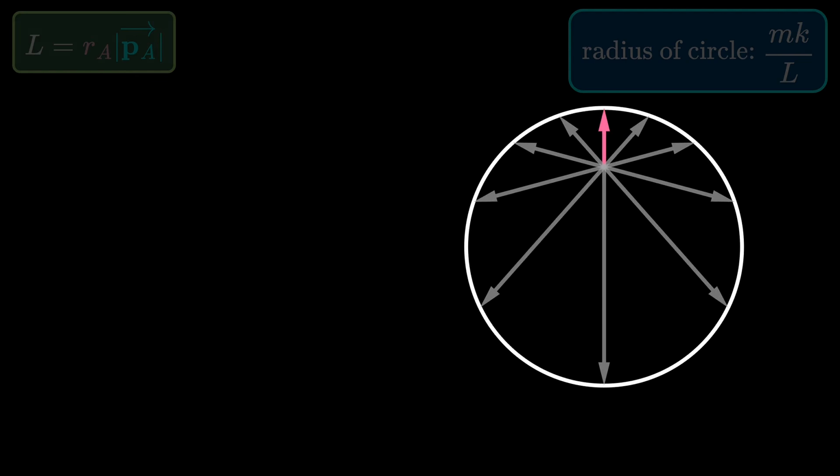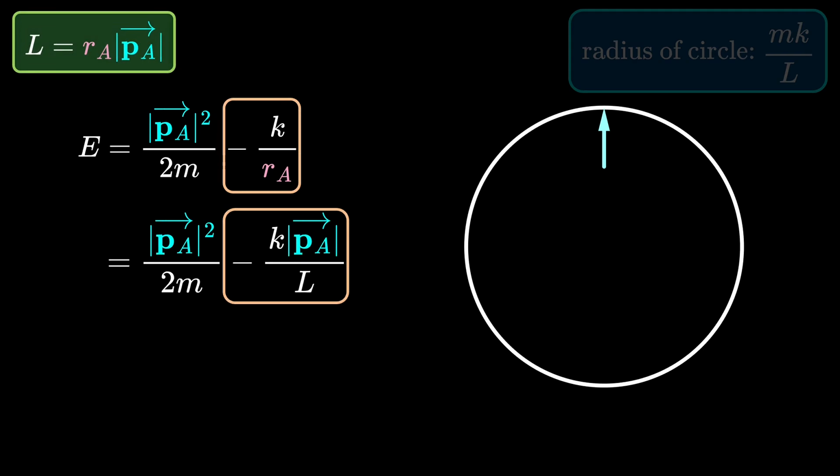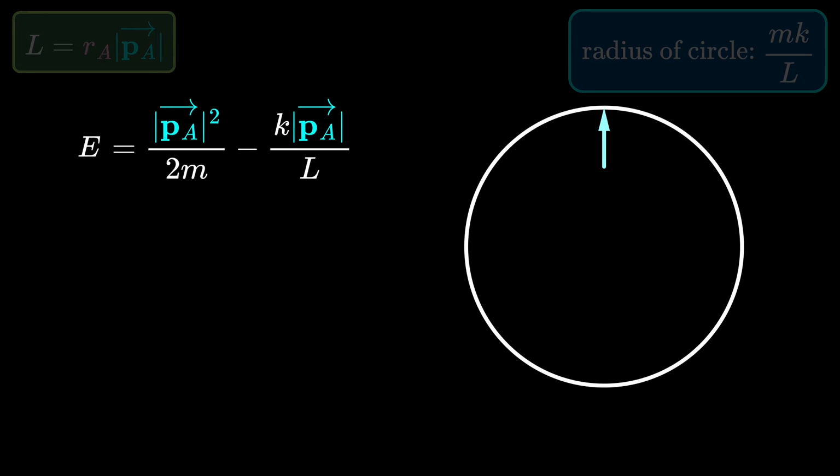The total energy at this point is PA squared over 2m minus K over RA, and we can use the relation we previously derived to rewrite the potential energy as minus kPA over L. With this, we can already forget about this relation L equals RA PA.